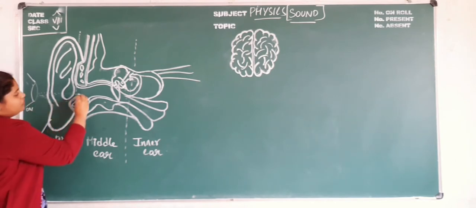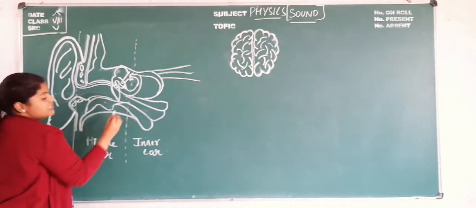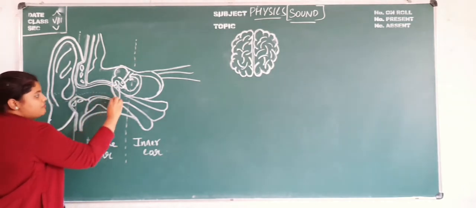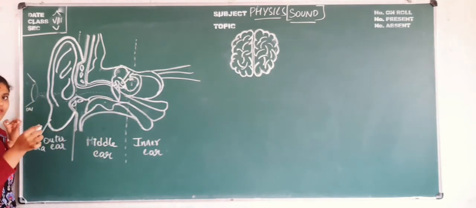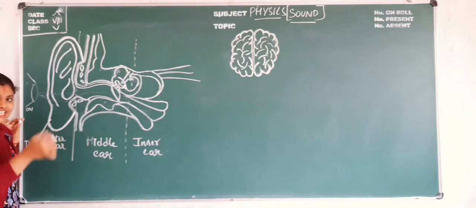Then it moves on to this part, the eardrum. The eardrum is a thin membrane made up of three layers of skin.